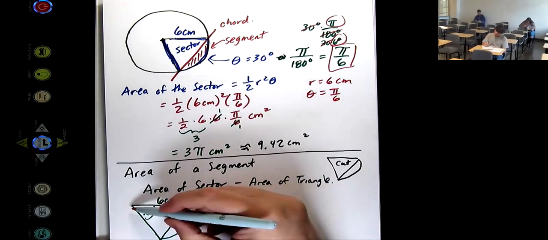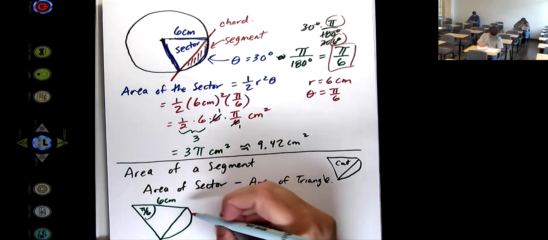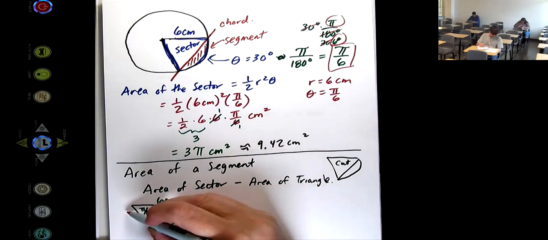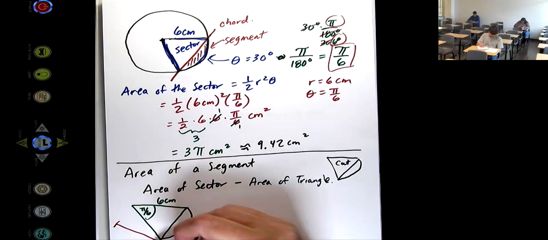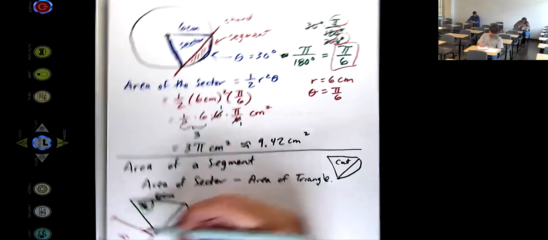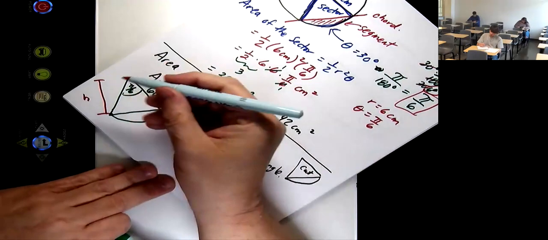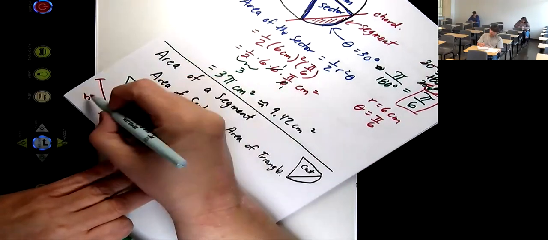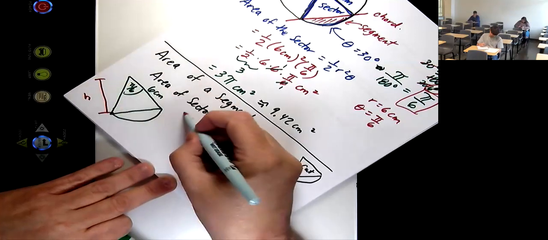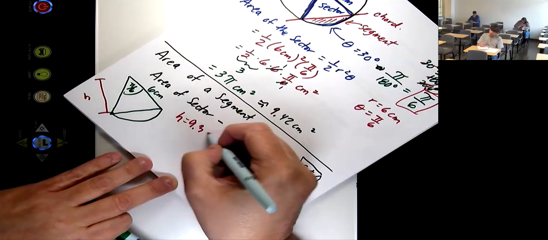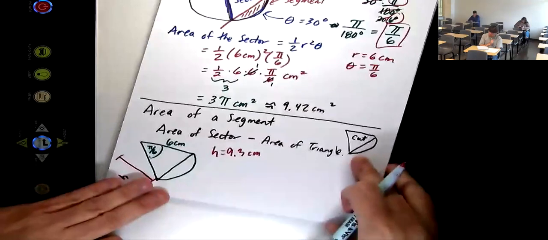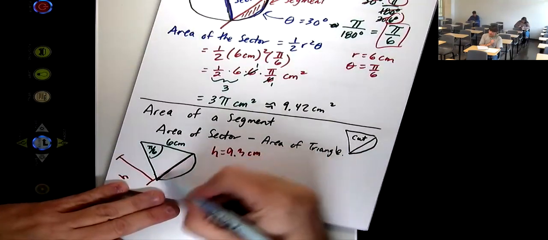We need information about this triangle. Let's say that the height going like that, that's my height, even though it's weird. If I rotate it like that, it's a little easier to see the height. Let's say the height there is 9.3. And that makes this part right here my base.